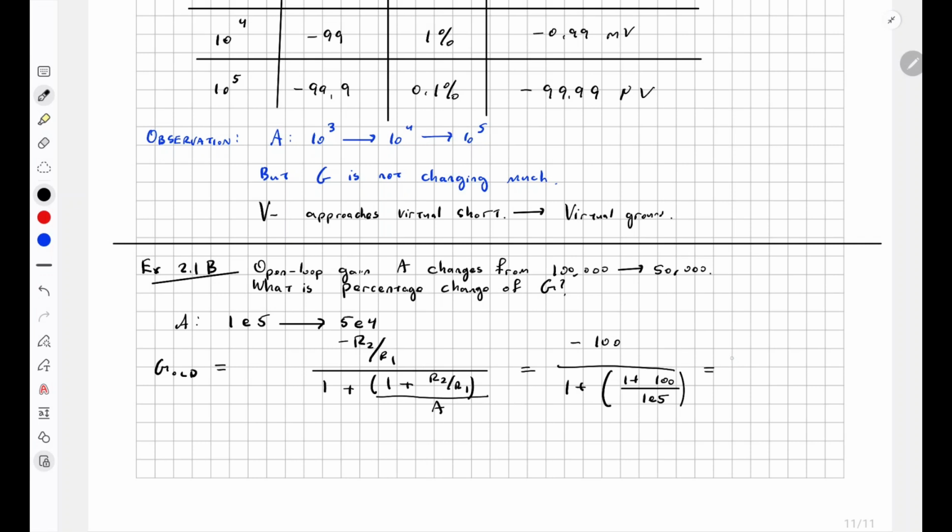If I use a calculator, it's negative 100.099.